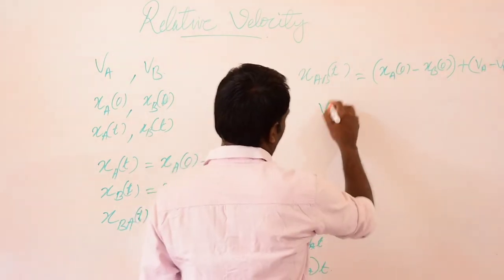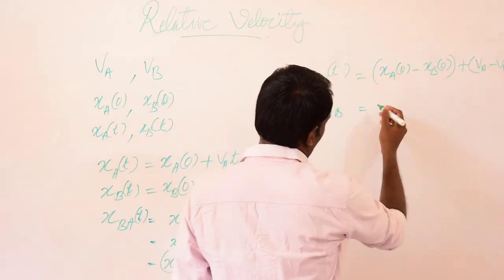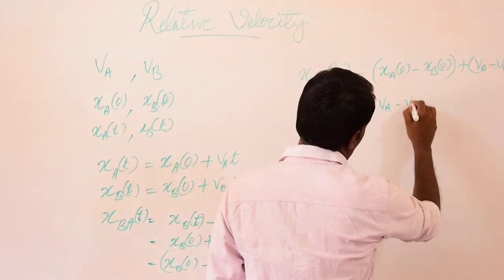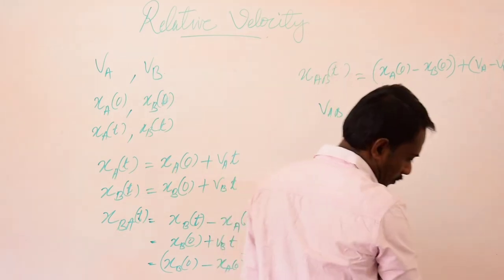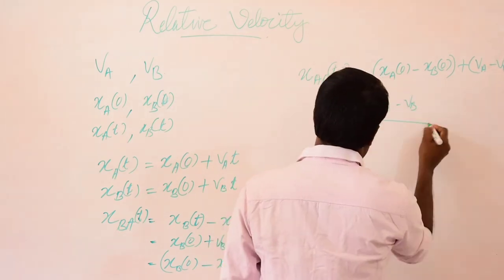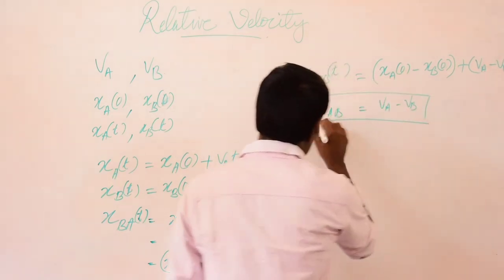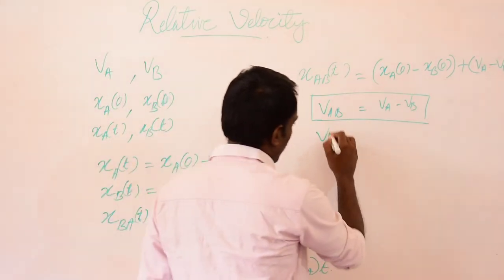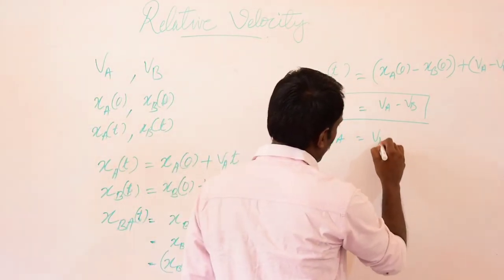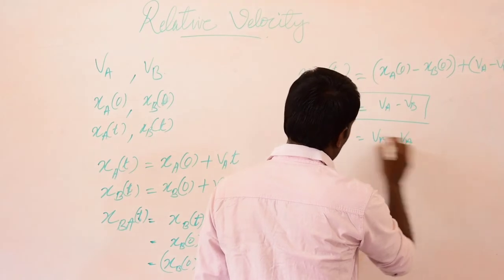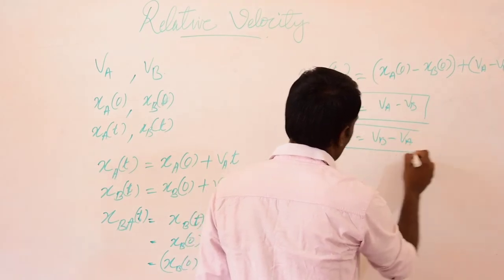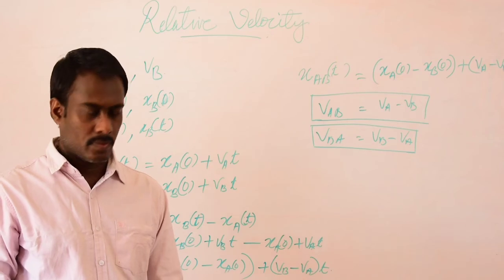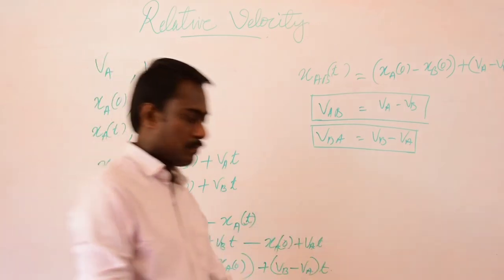Therefore, we can write vAB is equal to vA minus vB. The same way, vBA is equal to vB minus vA. So these are the relative velocities of these two vehicles with respect to one another.